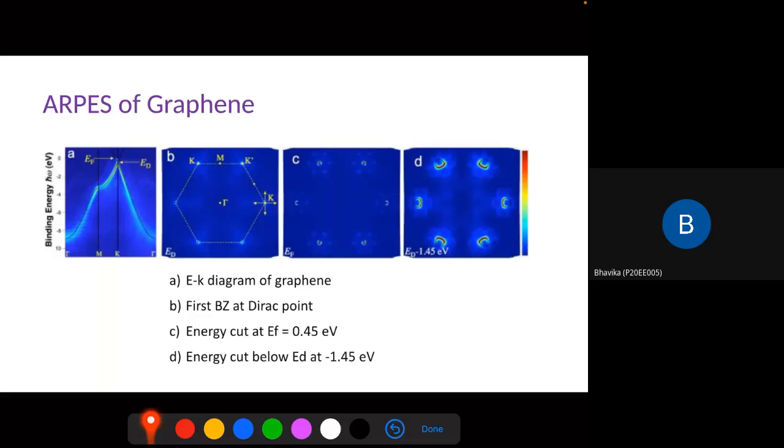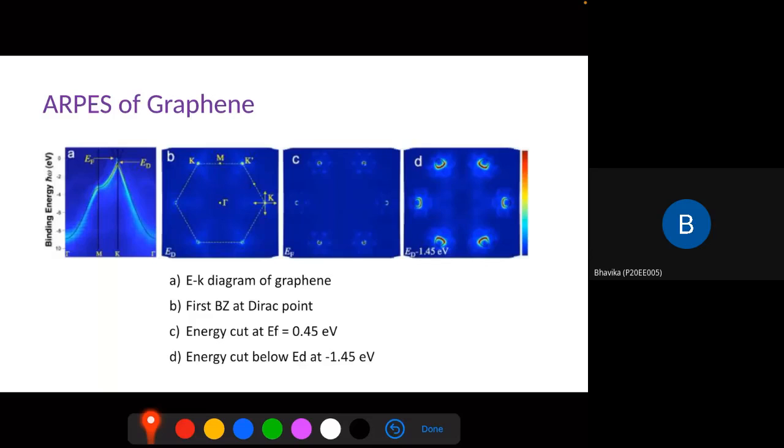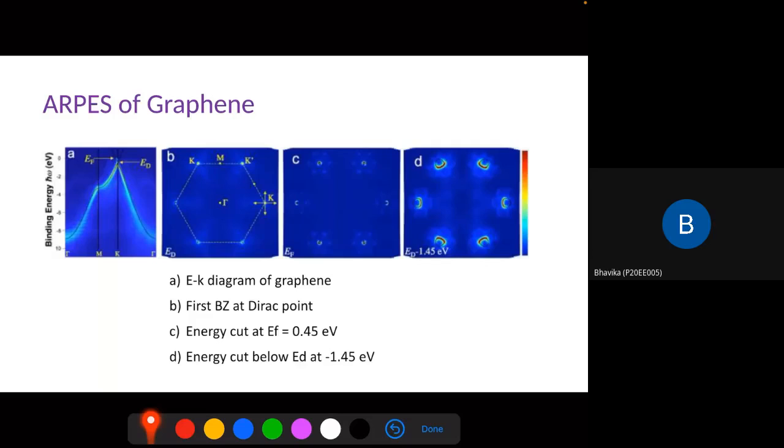These charge carriers, which are responsible for electrical conductivity, are known as massless Dirac particles. Therefore they have very huge mobility as well.